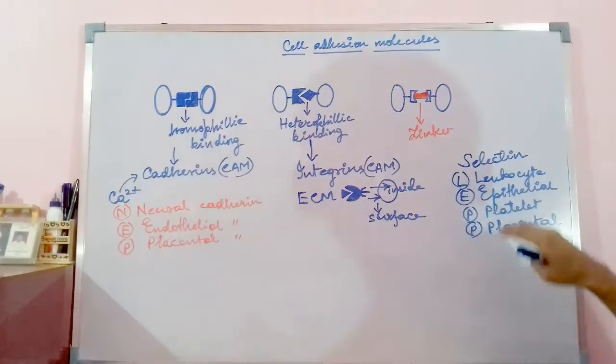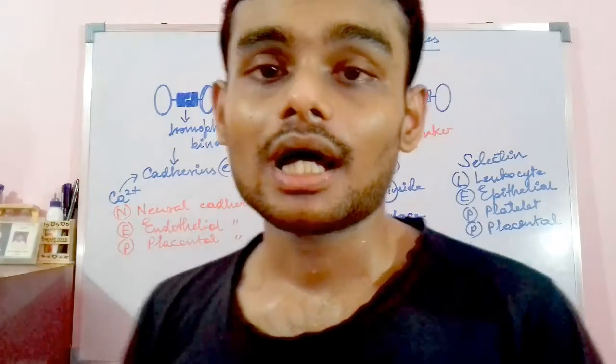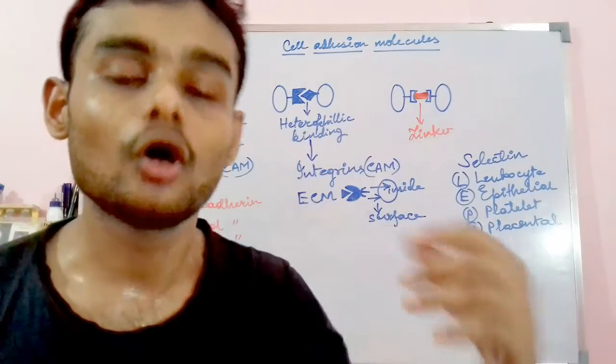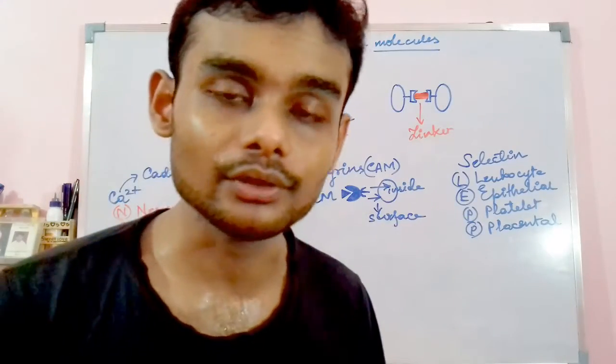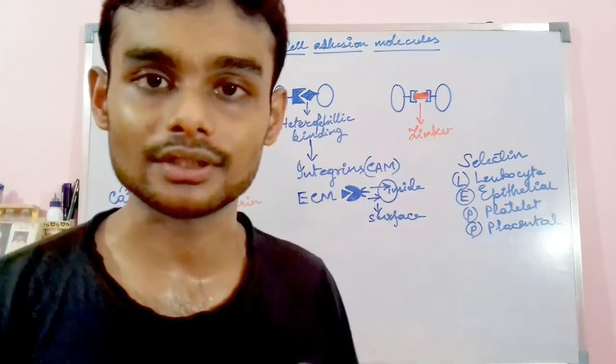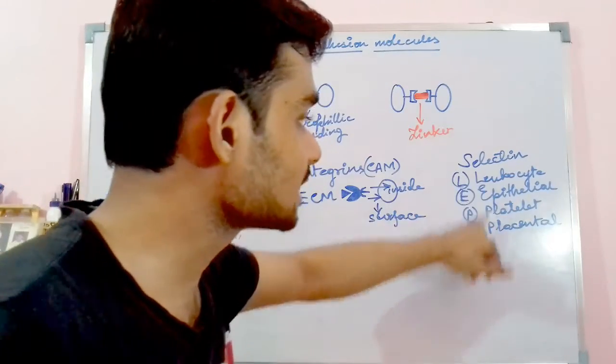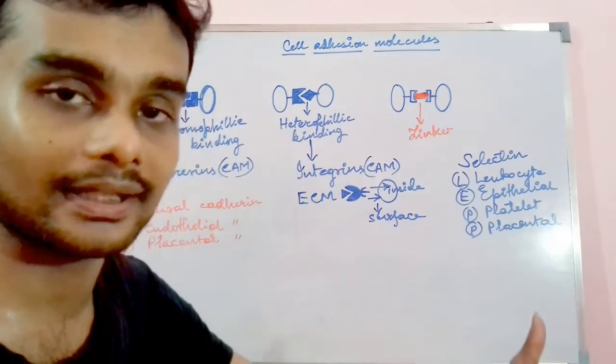Why? Because the selectin molecules help in binding or allow the passage of a particular type of hormone or molecule from the mother's body through the placenta into the fetus body or the embryo body. So selectin molecules are very much important in that case.